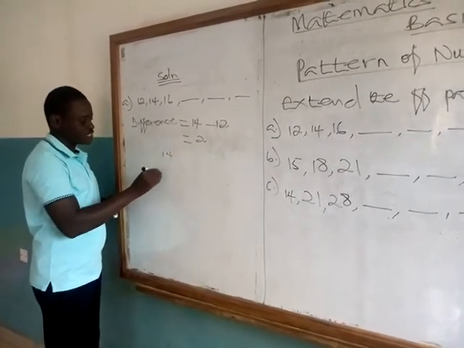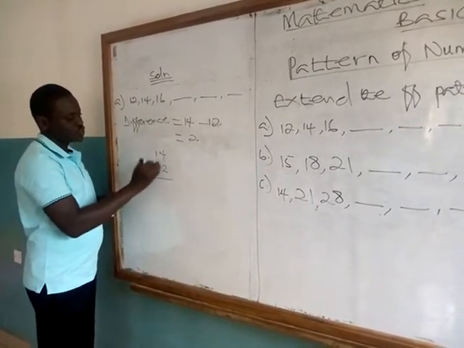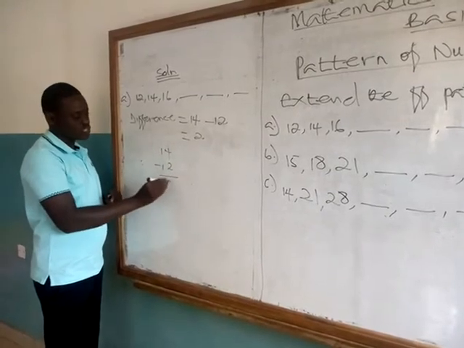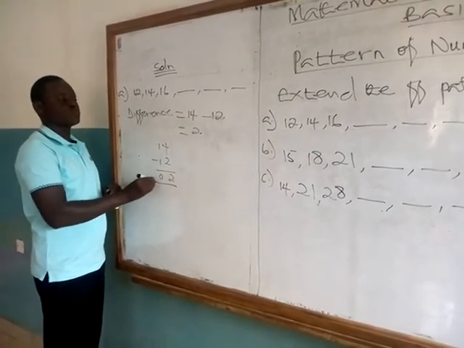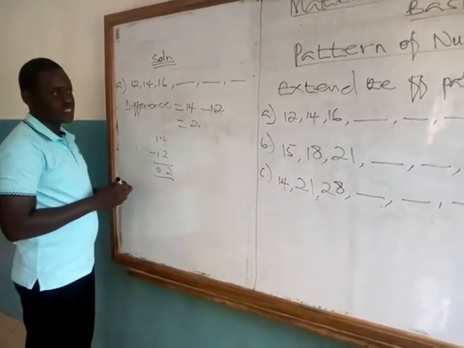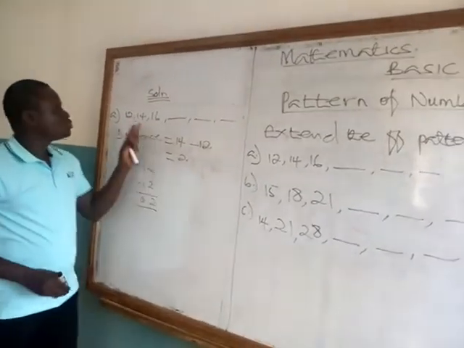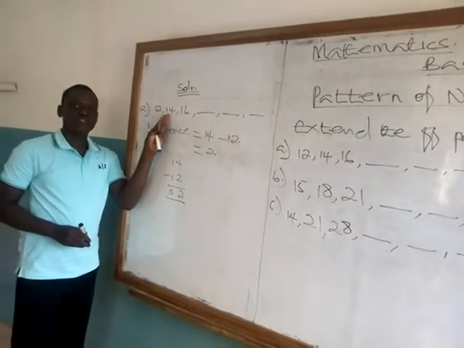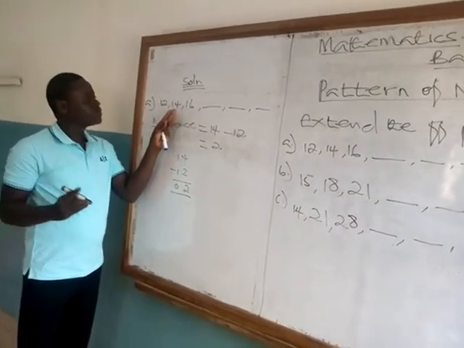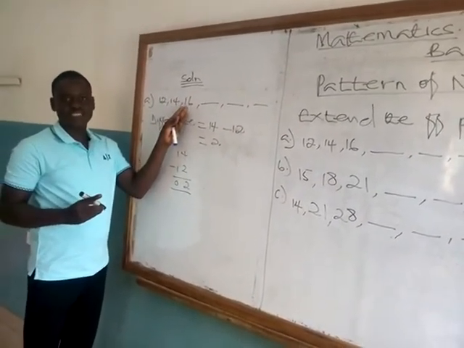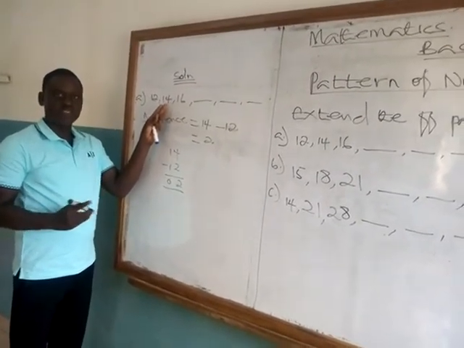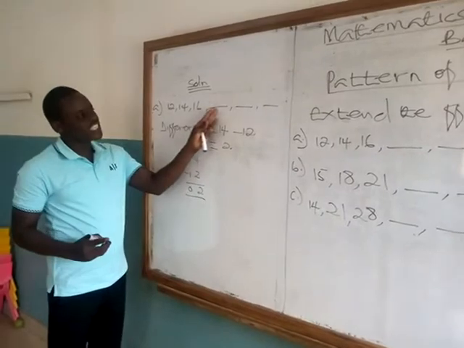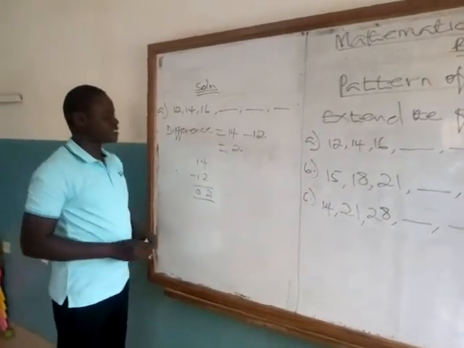You have 14 and then 12. 4 take away 2 will give you 2. 1 take away 1 will give you 0. And so 2 is our difference. What it means is that between 12 and then 14, you have a difference of 2. Between 14 and then 16, you have the same difference too. So you have a common difference between them. That is what you will use to fill in these empty spaces.